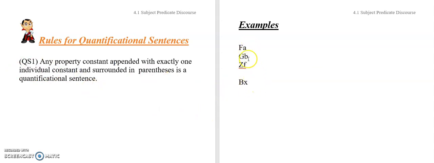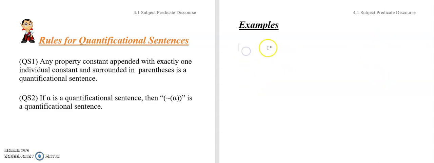Okay, this is a quantificational sentence according to rule QS1, and this, for example, is not. According to QS1, this is not a quantificational sentence. It doesn't say anything about negations. But we can get the negations with quantificational sentence rule 2.